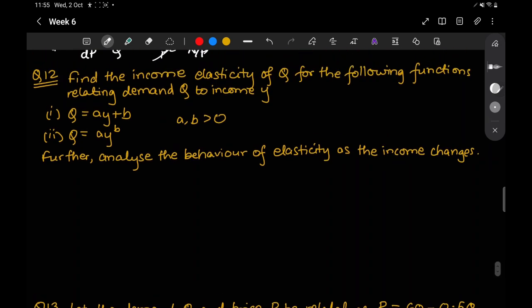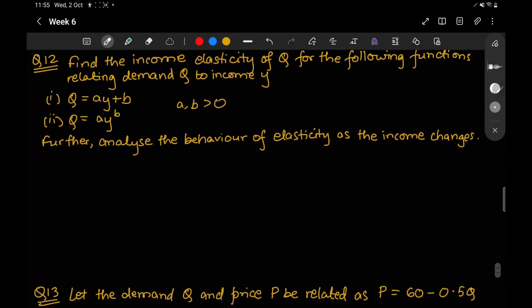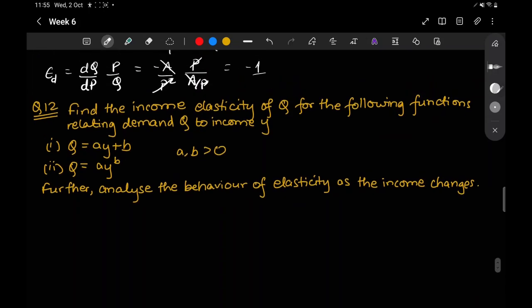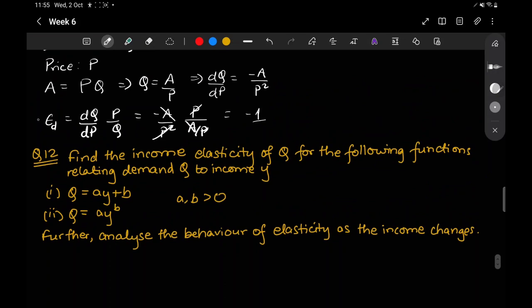Okay, so let us now look at the solution. So we define the elasticity of demand, how it is written over here.